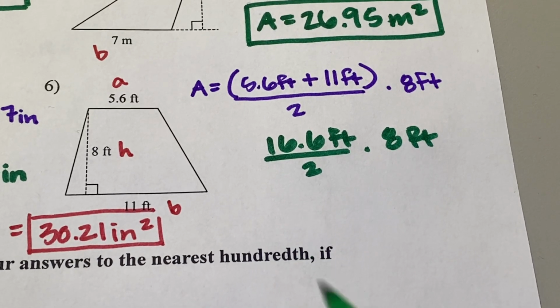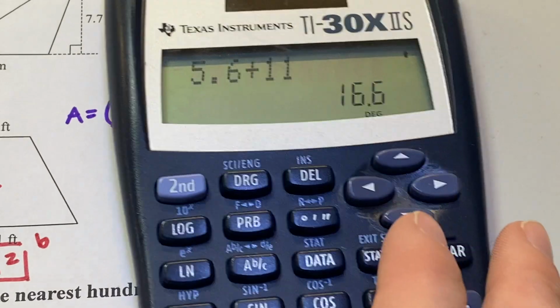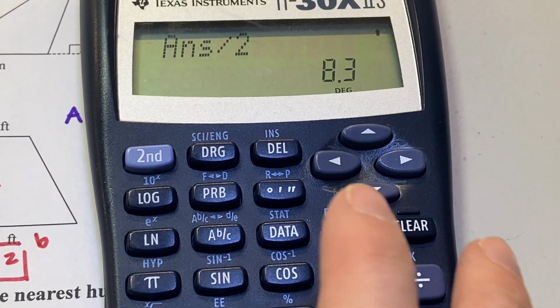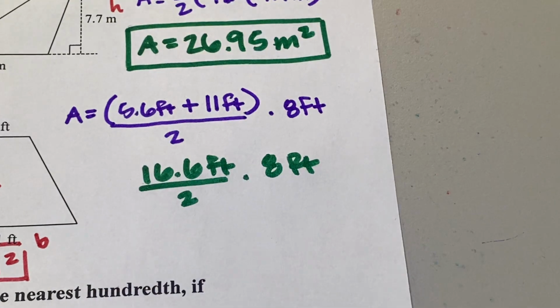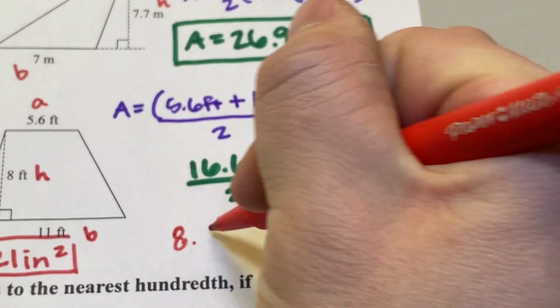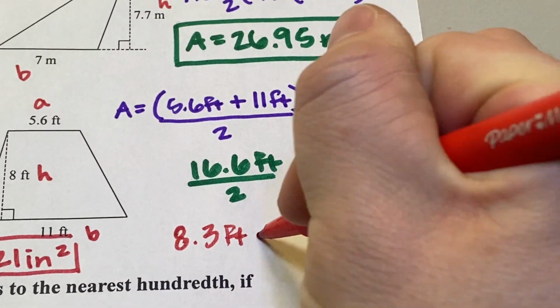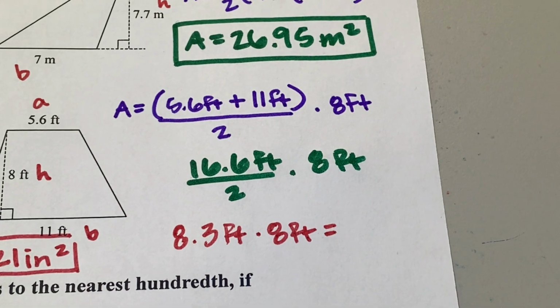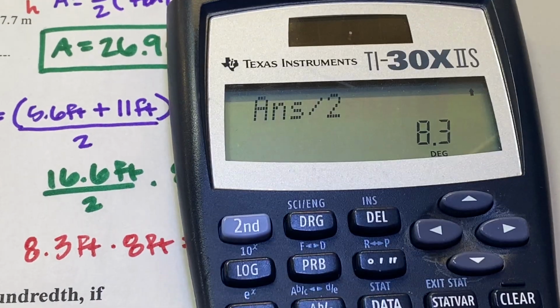Next step, let's get rid of this fraction. Take 16.6 and divide it by 2. I get 8.3 feet. Finally, I can multiply it by my 8 feet to give me my final answer.